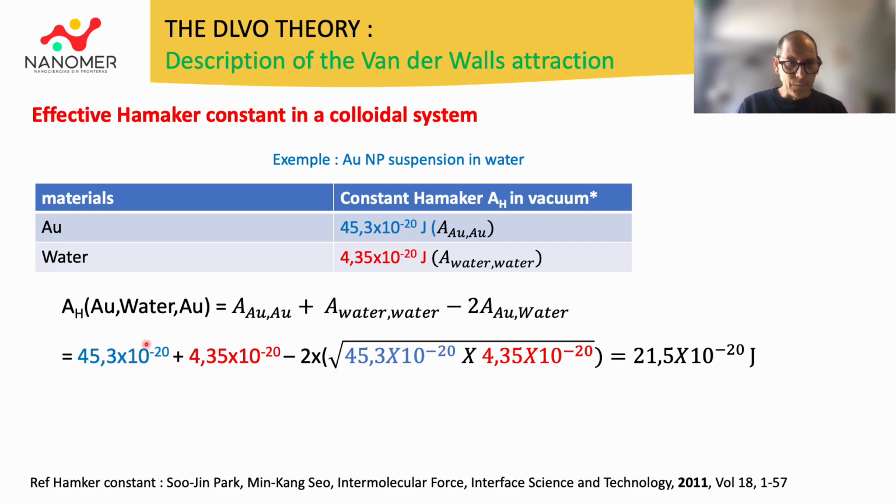So you inject these values in this equation: the pure gold-gold interaction, the pure water-water interaction, and the value of interaction between gold and water, and you obtain the effective Hamaker constant for the gold system in water.